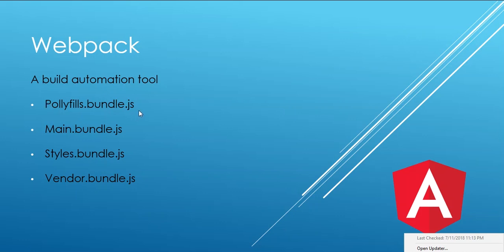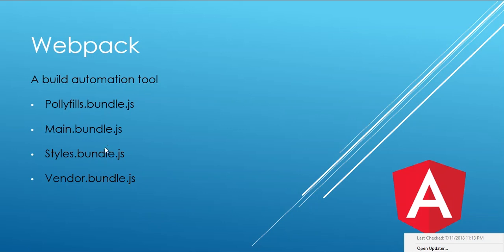This polyfill bundle fills the gap between the JavaScript version used by the current browsers and the JavaScript version used by the Angular app. The second one is main.bundle.js, which contains all the logic, bundling all the source code written by the developer.